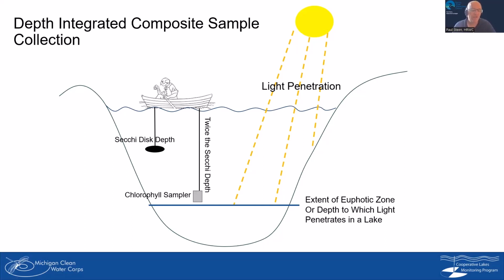So the goal of our sampler is to get water from that entire length. That's why it's called the depth integrated composite sample. Little drips of water will be coming into your sample as you pull up this thing from the bottom to the top. So you have a representative sample of all of that water.